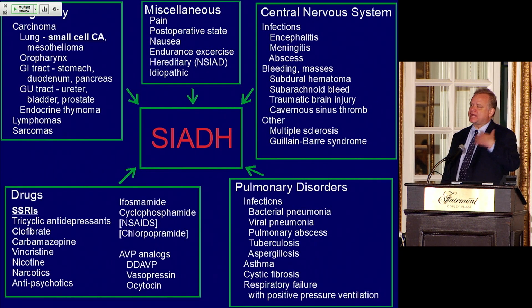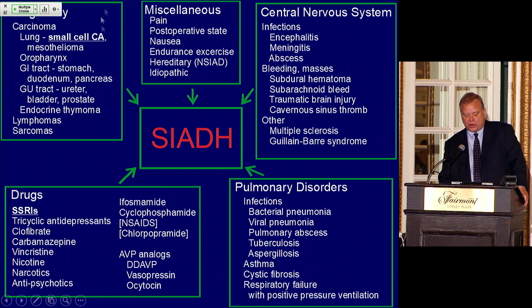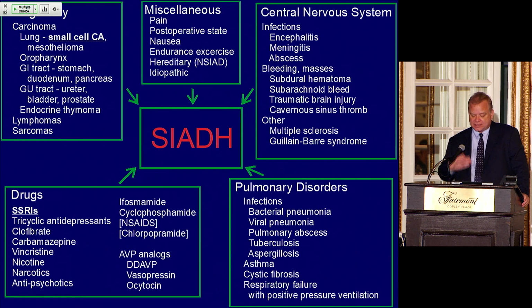If we think of SIADH, I think you're all familiar with this large differential. We think of cancers, really about 75% of cancer-associated SIADH is small cell lung cancer, but there are other cancers that can do that. Anything where you have an increase in vasopressin can give you SIADH. So if that's pain or the postoperative state, and so on and so forth.